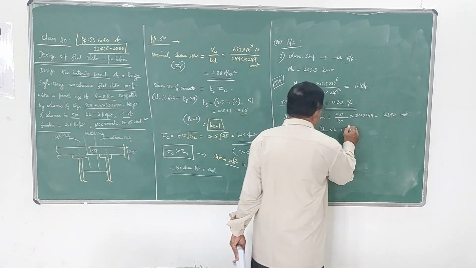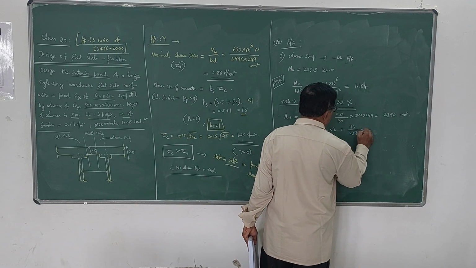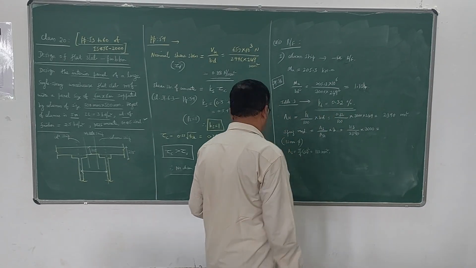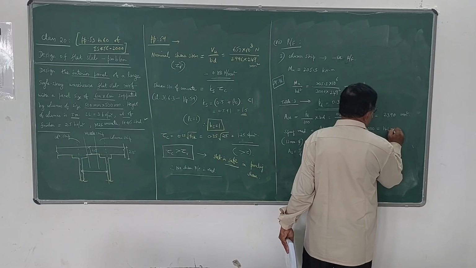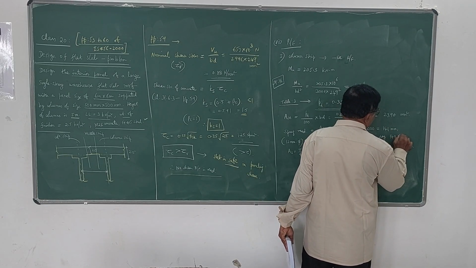So 113 divided by 2390 into 3000. This is the spacing, 141 mm, say 140. Got it?